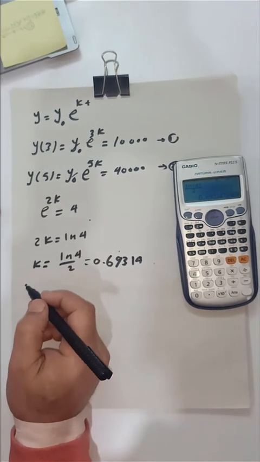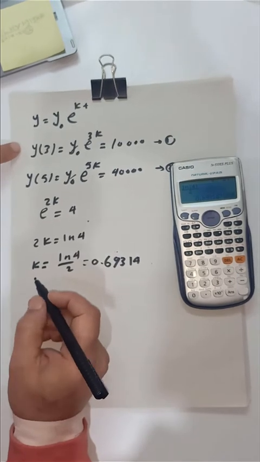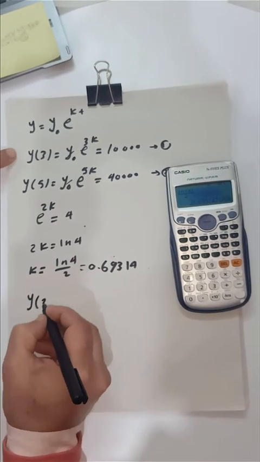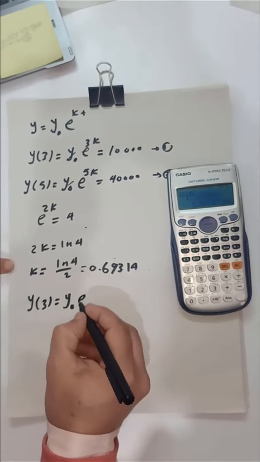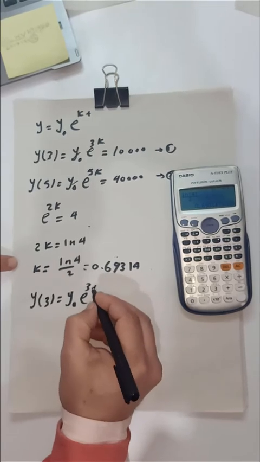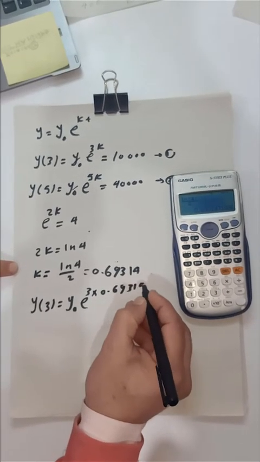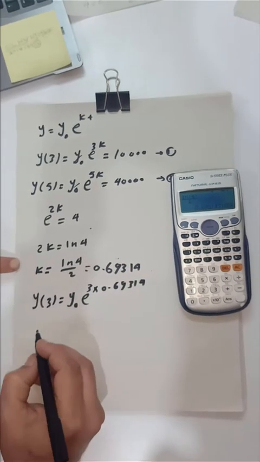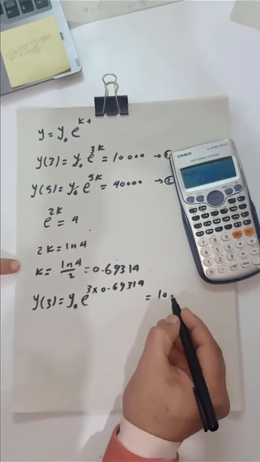To find y naught, we can substitute k in equation 1. y3 equals y naught, we need e power 3 times 0.69314, equals 10,000.